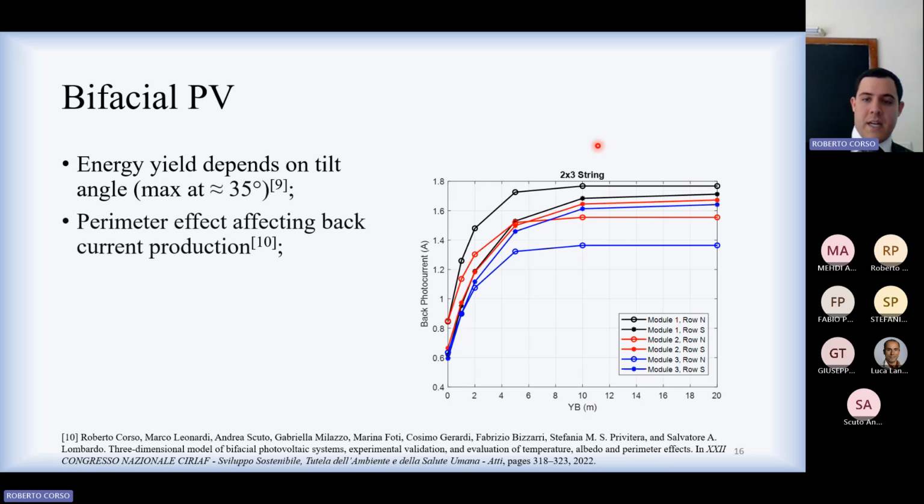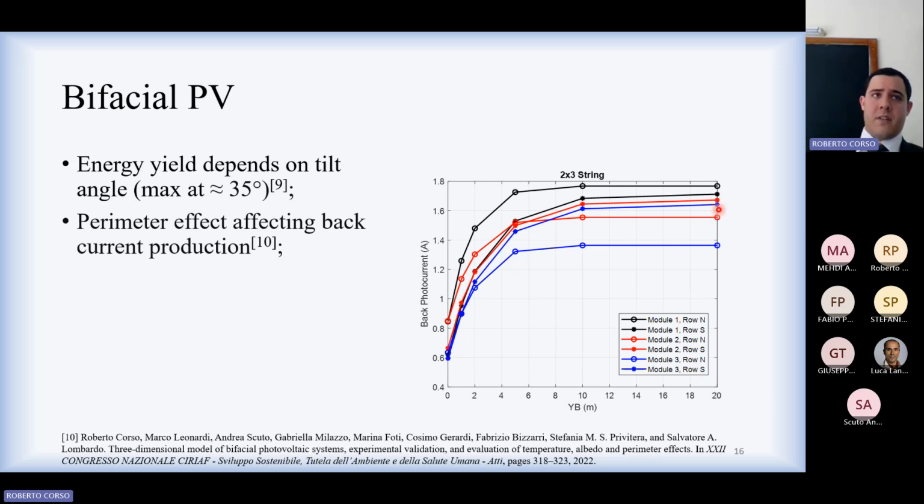This simulation is carried out at 10 a.m., so the sun is slightly to the east of the system. And so the module 1, which is to the east, has a higher current than the corresponding module that would be module 3, that is to the west.